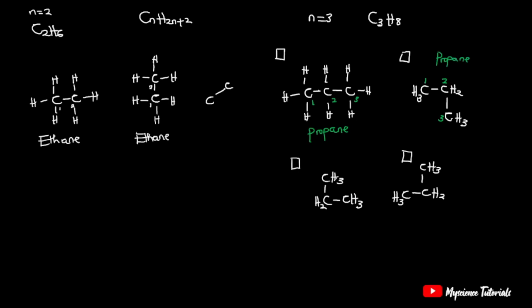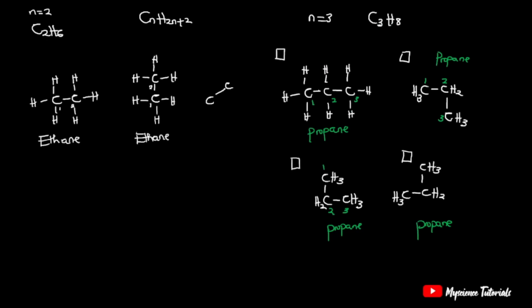Okay, so if we look at this guy also, we get to realize that this is also carbon 1, carbon 2, carbon 3. Or even if we go in the reverse way, we are still getting a 3 carbon compound. So this is also propane, and this is also propane. So it doesn't matter how you draw a C3H8 compound, it doesn't matter how you try to change the carbon-carbon connectivity.